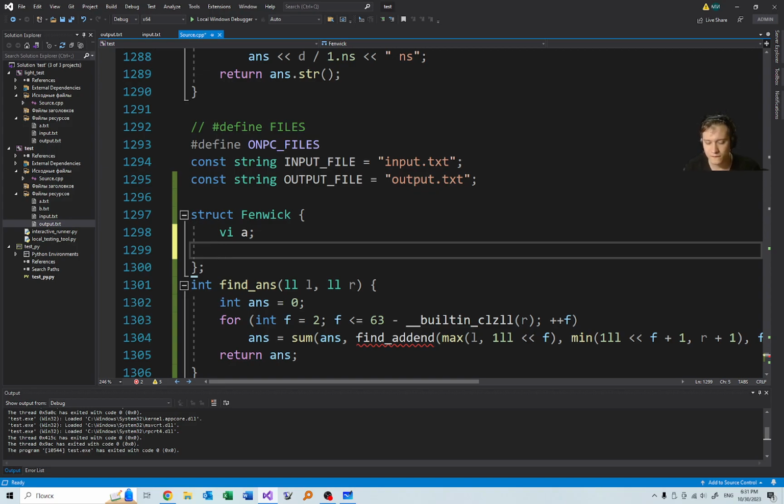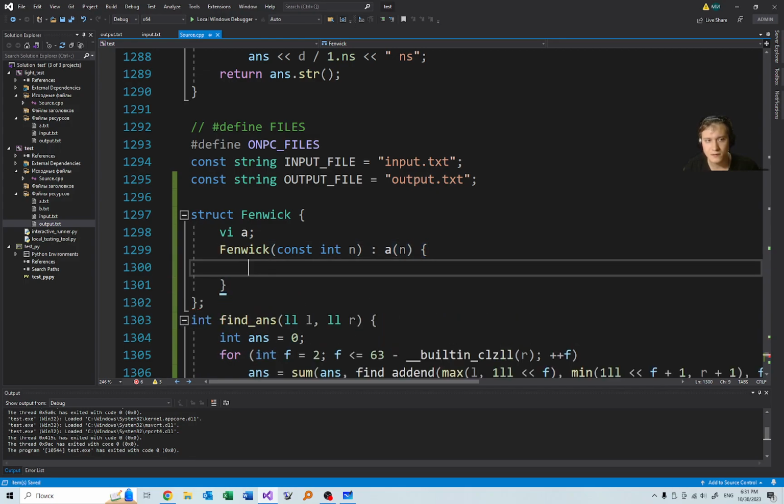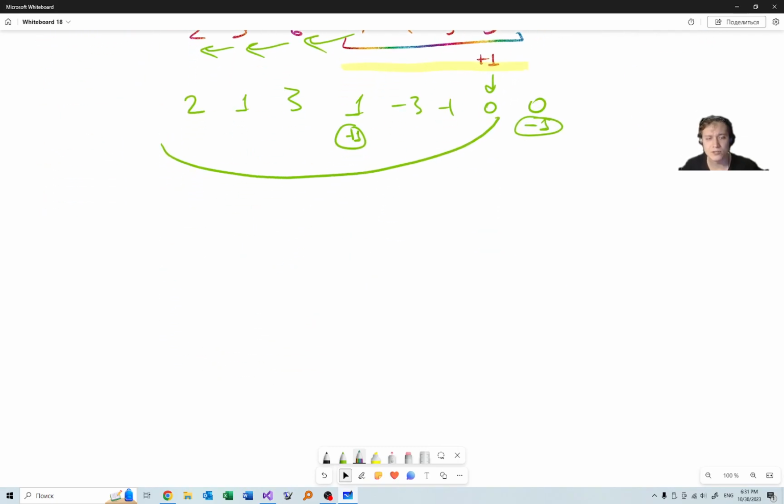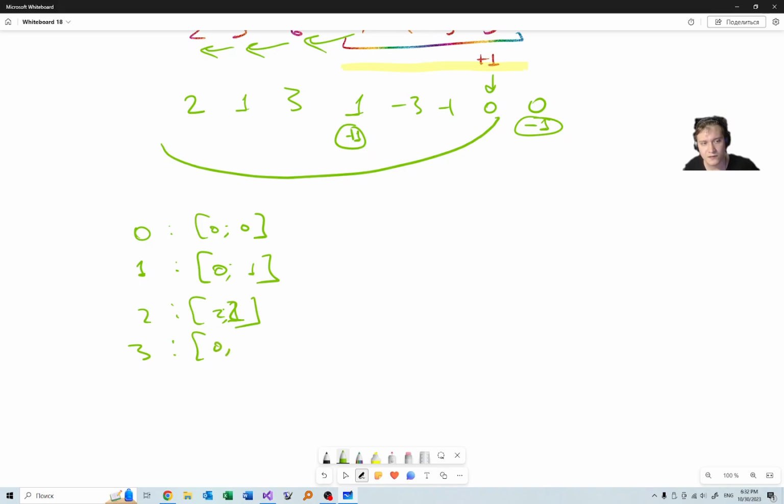So Fenwick of size n is just an empty array. I always forget what Fenwick stores, so I need to restore that. So 0 is 0, 0. 1 is 0, 1, I believe. 2 is 2, 2. And 3 is 0, 3.